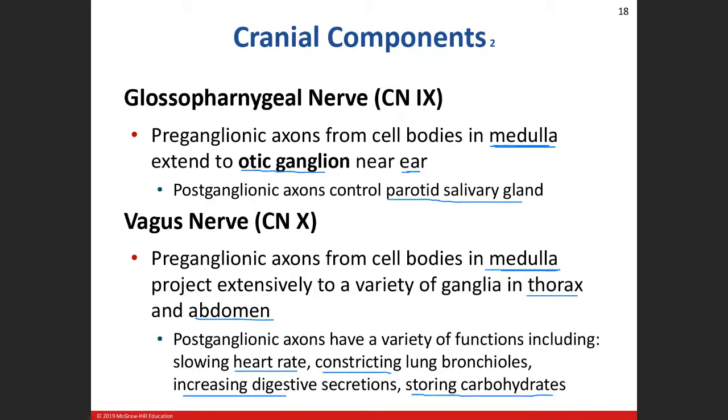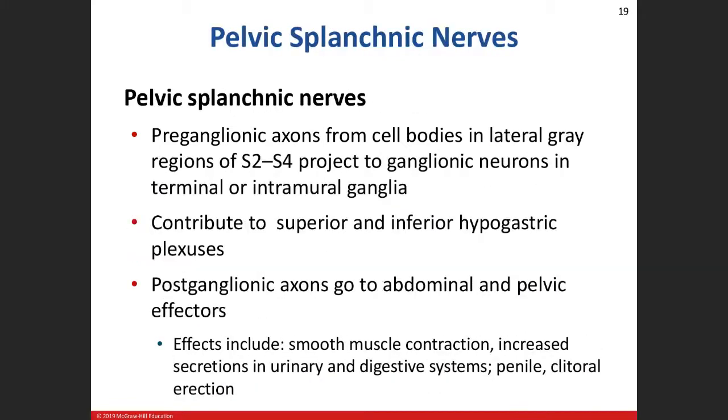So it's going to stimulate the liver to undergo glycogenesis. Excuse me, I can't think today. Okay? So vagus does a lot. All right, that's the cranial portion. Let's jump into the sacral division, the bottom part.